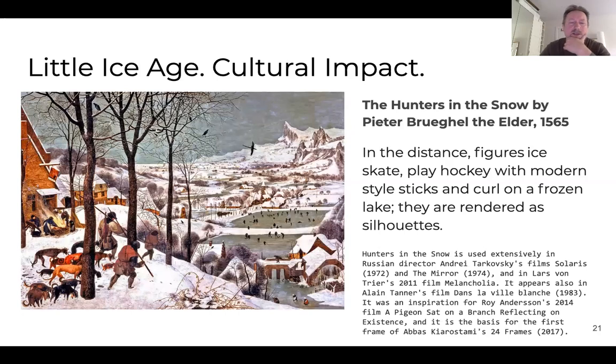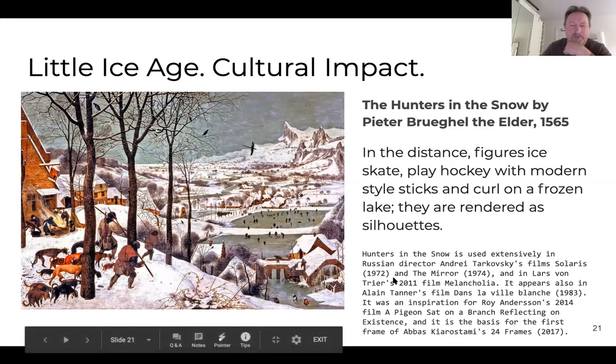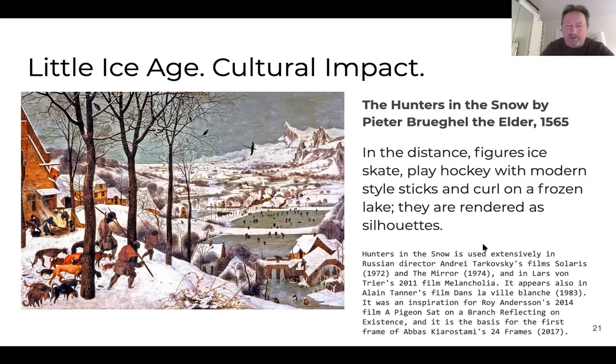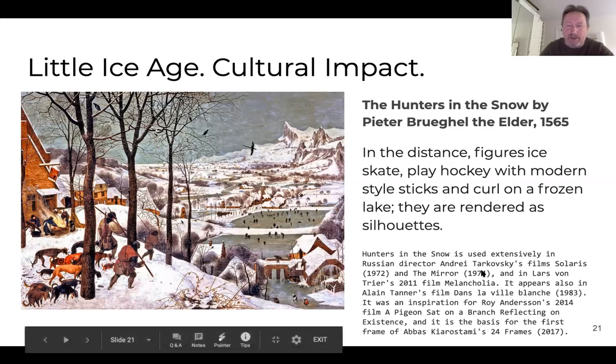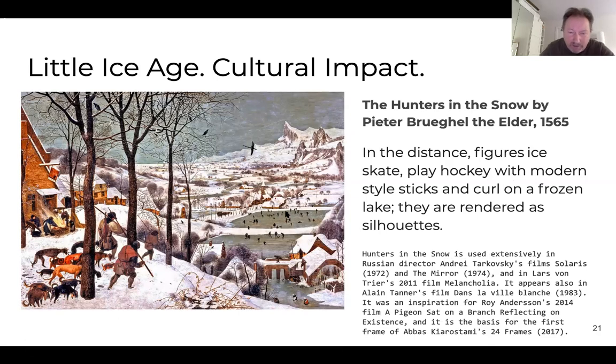And this is, again, Pieter Bruegel, Hunters in the Snow. It is a very popular picture. And in small font, there is its recall in cinema. And here you see the skating rink, and people playing hockey here with sticks, with modern sticks.